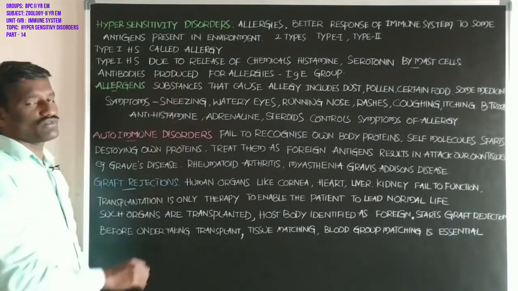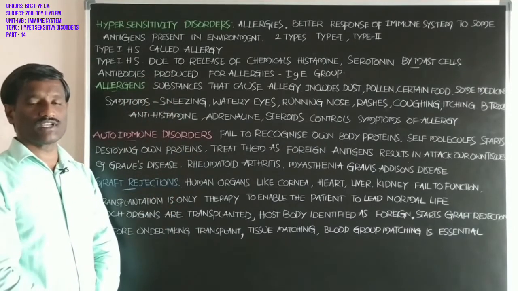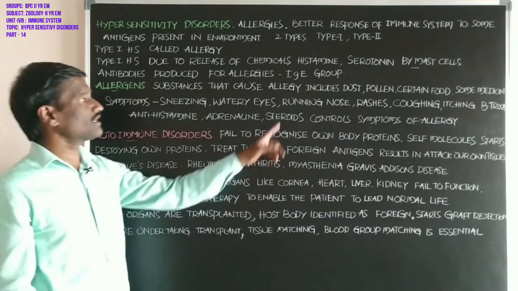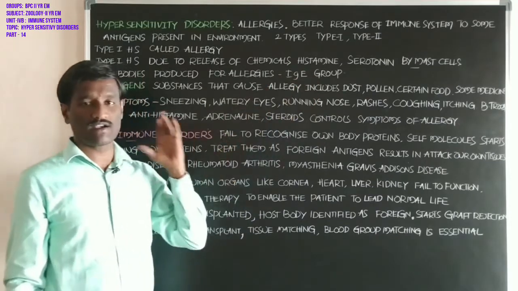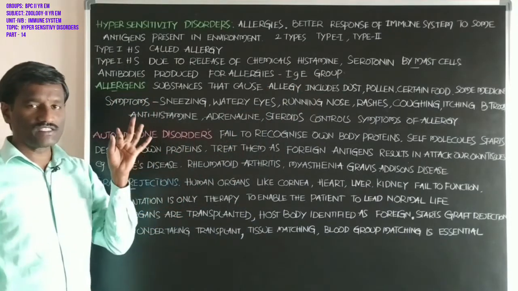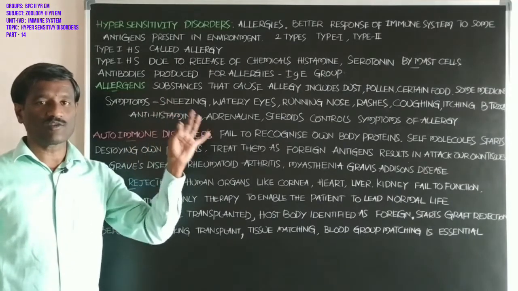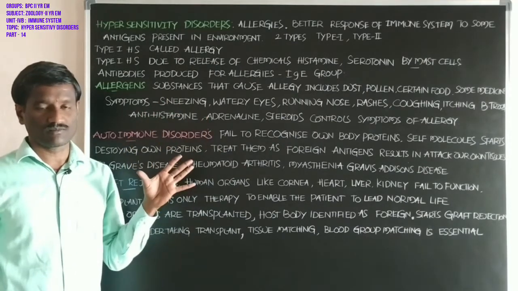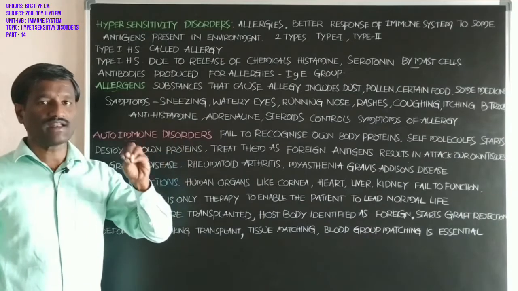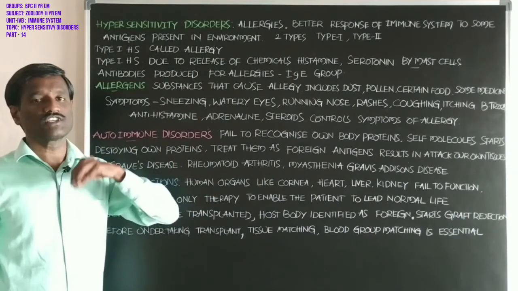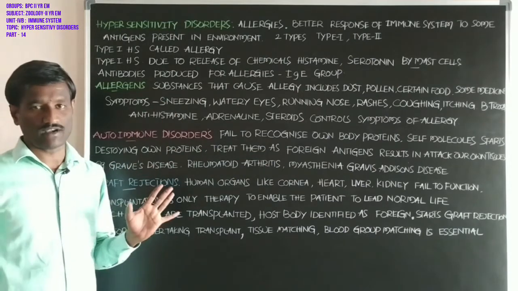Antibodies are produced for type 1 hypersensitivity or allergies. Which antibodies? These are the IgE group of antibodies, produced in type 1 hypersensitivity to fight against the antigens that enter the body from the environment.